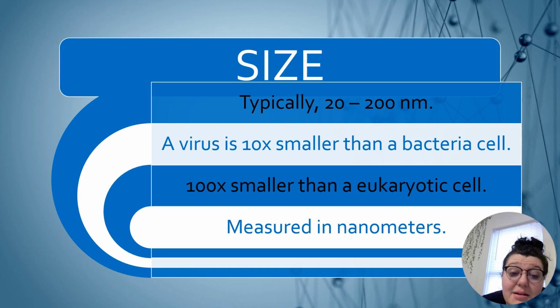A virus is 10 times smaller than a bacteria cell, and it is 100 times smaller than a eukaryotic cell. So it makes you sit back and think, how can something so tiny cause such destruction?